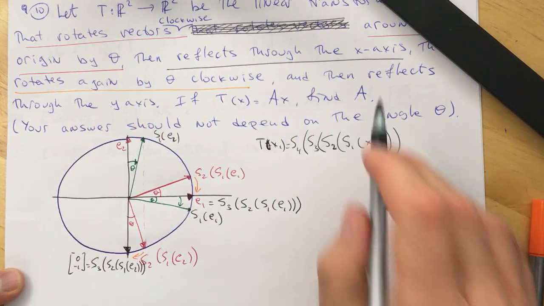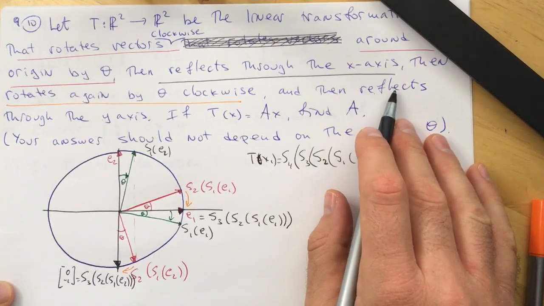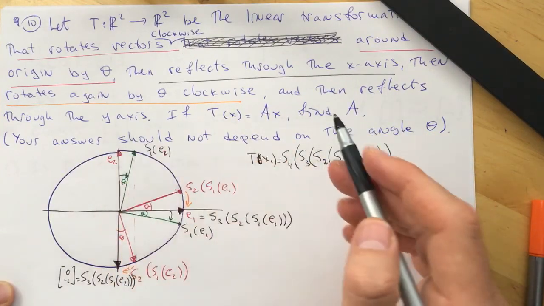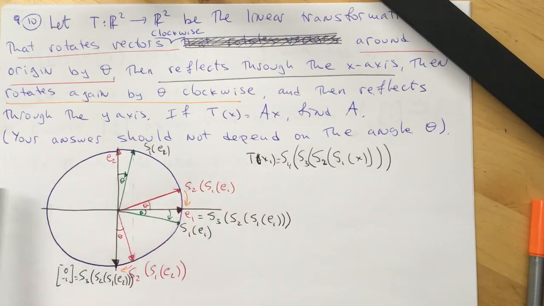And then the last one reflects these vectors through the y-axis. Well, when I reflect e1 through the y-axis, I'm going to finally obtain this vector here.